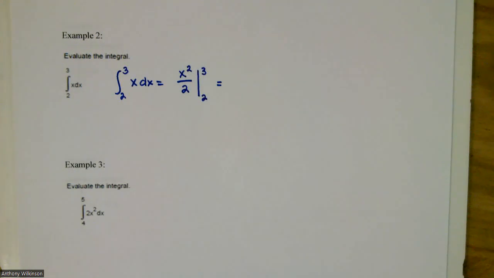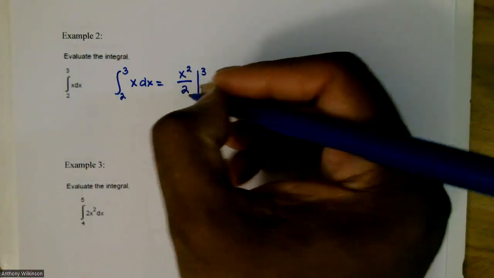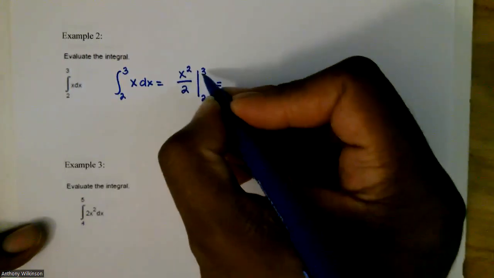So we're going to be finding the area underneath that curve, or the area underneath the line from 2 to 3, between 2 and 3. So again, this will be the upper limit minus the lower limit. So the upper limit is 3.